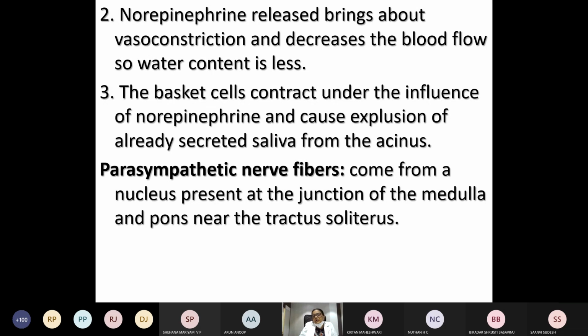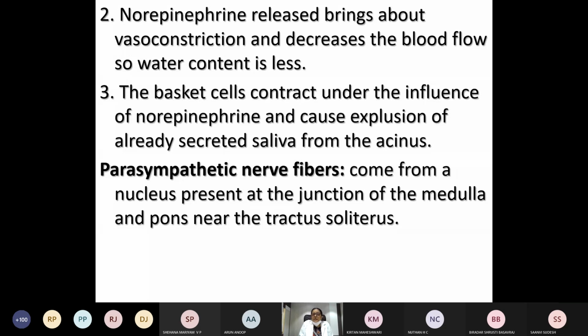Norepinephrine released brings about vasoconstriction and decreases the blood flow, so the water content is less.